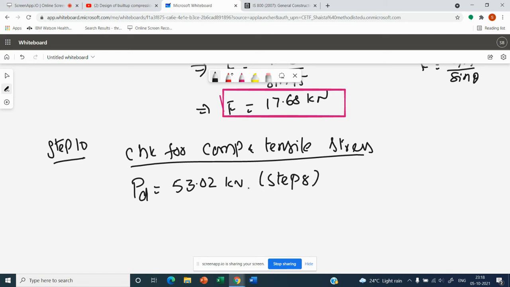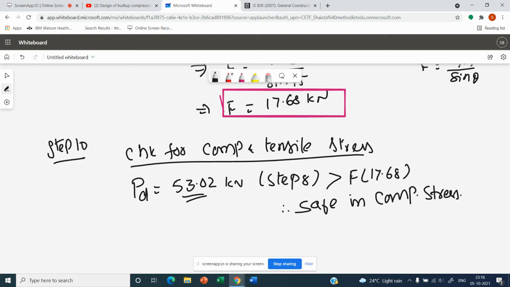Already we have found the compressive stress of 88.4 in step 8. Okay. Now this shall be more than F, compressive force in the lacing bars. So the bar can carry 53.02, but coming on the member is 17.68. Fine. So therefore it is safe. Safe in compression. That is, it is safe with respect to compressive stresses.